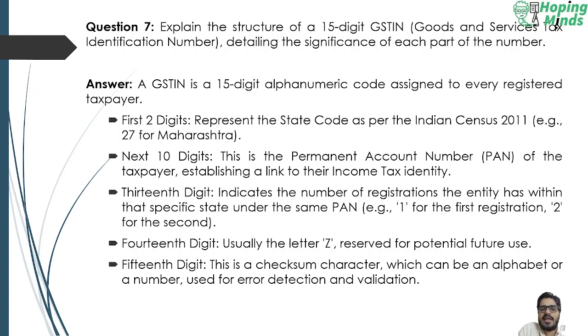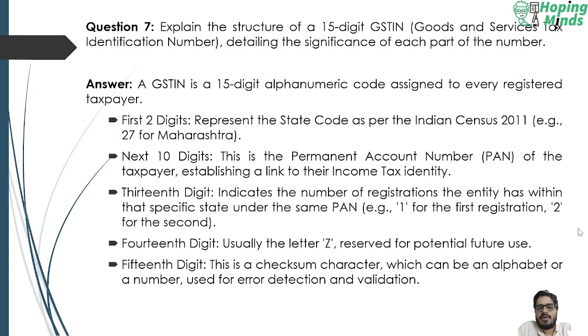So any GSTIN that starts with numeric number 27 denotes that GST registration belongs to Maharashtra state. Then next 10 digits, this is the permanent account number, that is PAN of the taxpayer, establishing a link to their income tax identity.